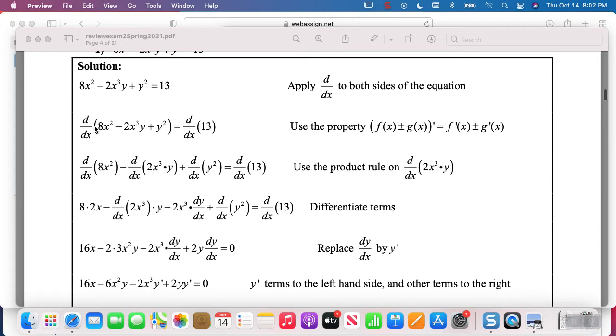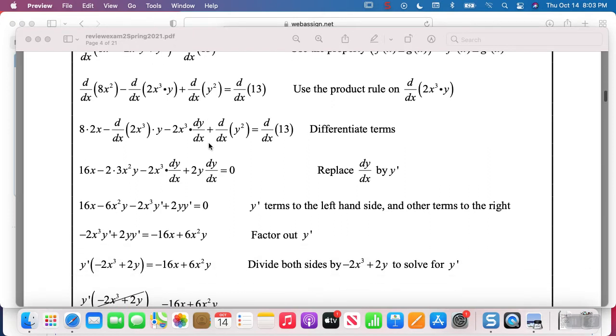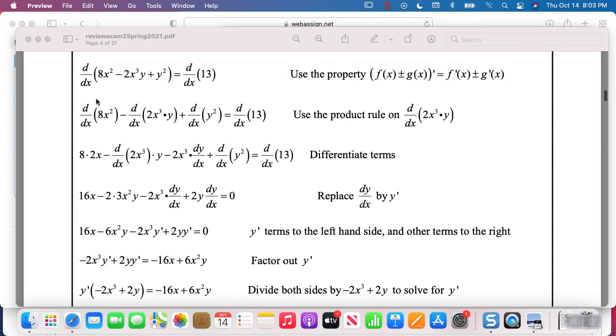But then, we know the derivative operator is linear. Basically that means when you take the derivative of a sum or difference, it's the sum or difference of derivatives, which means we're going to take the derivative of every term. When you take the derivative of x terms, you use the regular power rule.